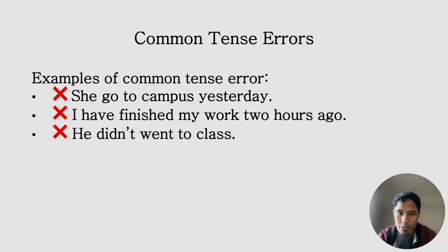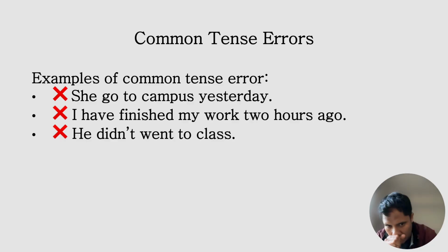Is it past, present, or connected to the present or future? Are there time signals like yesterday, last week, or since? When you understand the reason behind the correction, you are not just memorizing grammar, you are building real accuracy, and that's exactly what the error analysis course is about.